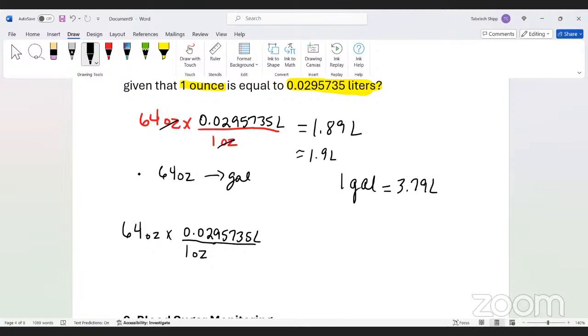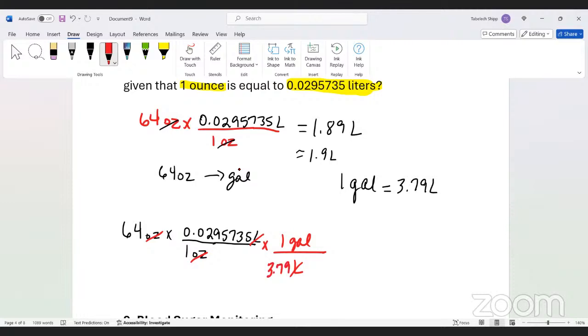Some books are not going to give you this long number, just FYI. Then you cancel out the ounces. On the bottom, you put 1 liter so you can get rid of your liters there. And on the very top, you say 1 gallon, and that will give you 3.79 liters.